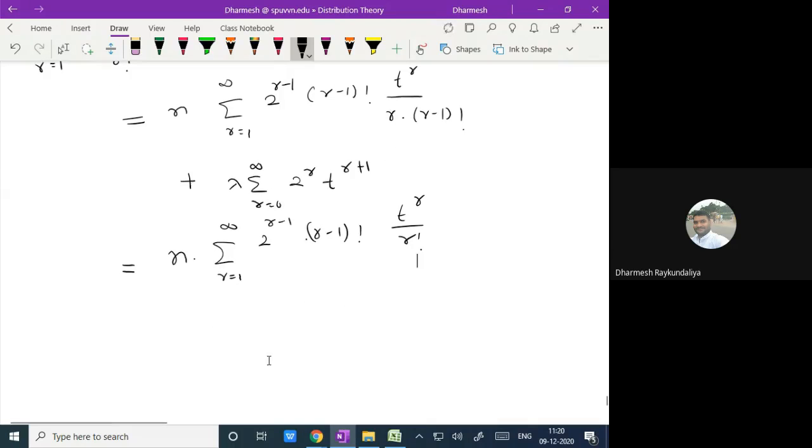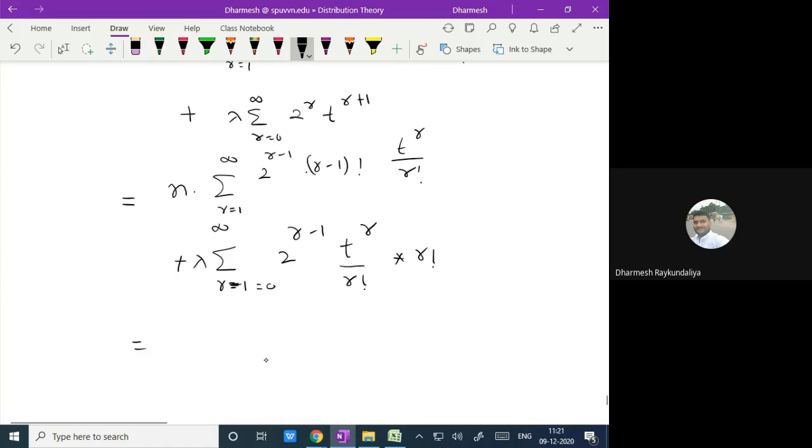here if I replace r by r minus 1, that means r minus 1 equal to 0. If I am replacing r by r minus 1, let me write r minus 1 equal to 0 to infinity, 2 raised to r minus 1 and t raised to r. And if I am writing the denominator r factorial, I have to multiply with the r factorial.